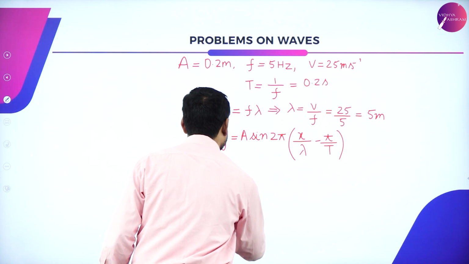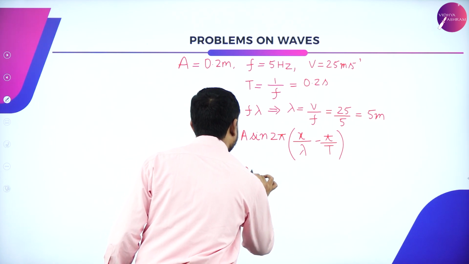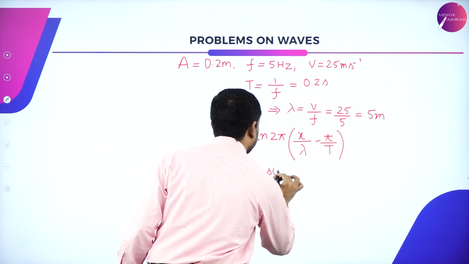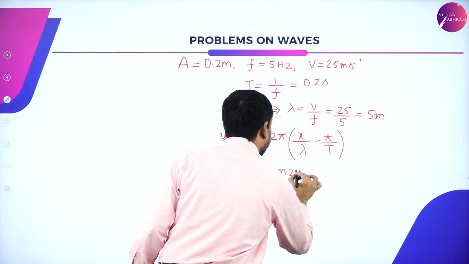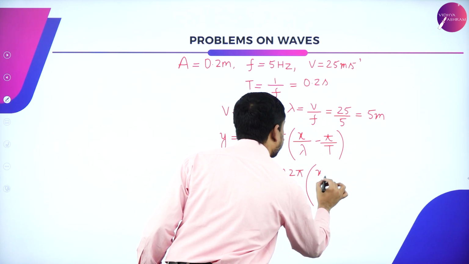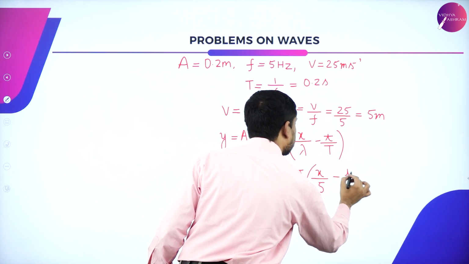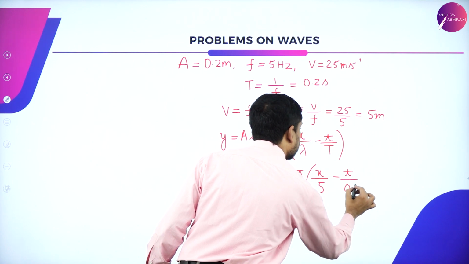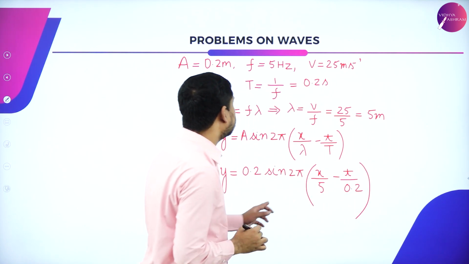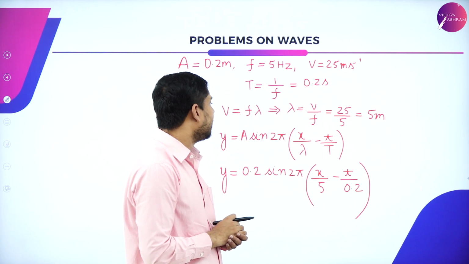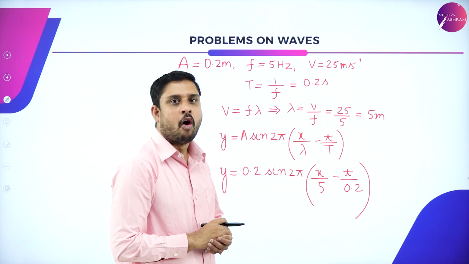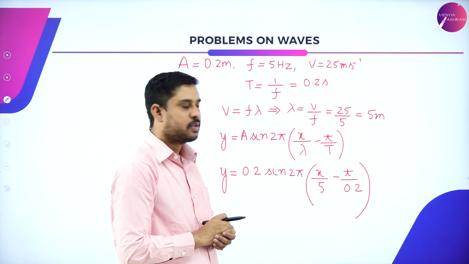So writing this, 0.2 sine 2 pi x by lambda minus t by T. So this is the standard equation of the wave.